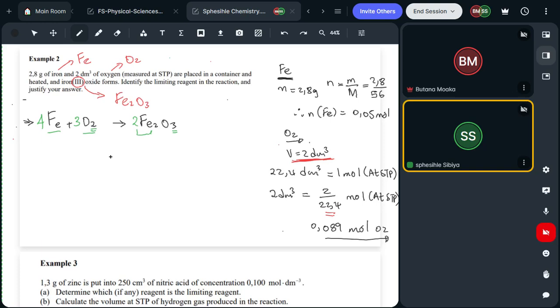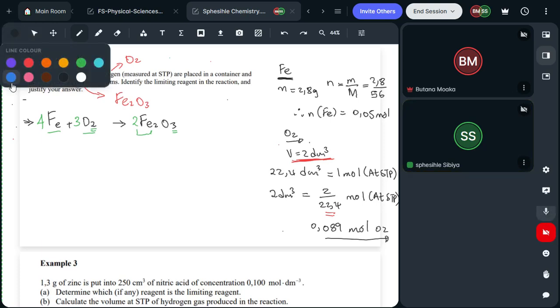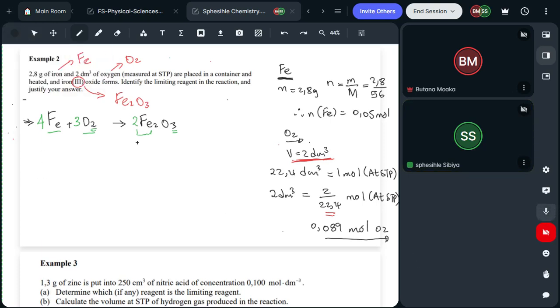Yes, please. Okay, so now the next part that you're going to do. Remember I said there are steps that we need to follow. I said the first step, balance the equation. So this was step 1. I said step number 2, calculate the given moles of all the reagents. We did 1 and 2. Then step 3, you're going to assume one reagent is the limiting reagent.